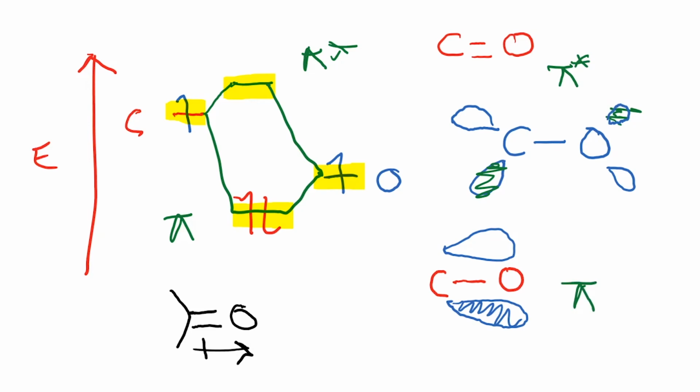One of the meanings of this is that when you want to break the carbon oxygen bond, you would need to fill in the carbon oxygen pi star, which is the antibonding orbital, and therefore the more reactive center here would actually be the carbon.